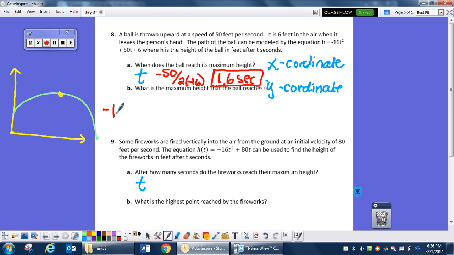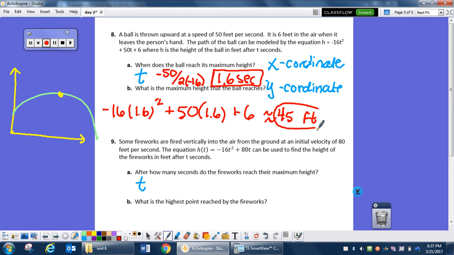So negative 16 times 1.6 squared plus 50 times 1.6 plus 6. You should be getting around 45 feet. You may have rounded a little differently than me, but try to shoot for an answer that gets you to around 45 feet.